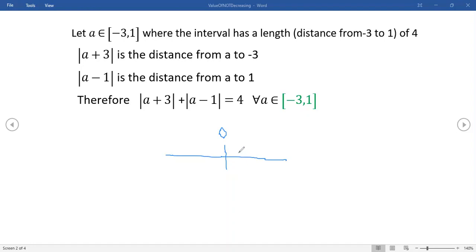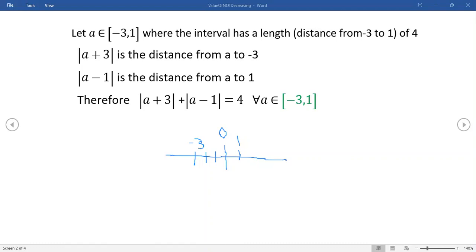Now we'll put 1 right here, counting over 1 unit. Let's count -3: 1, 2, -3, right over here. That would be the location for -3.